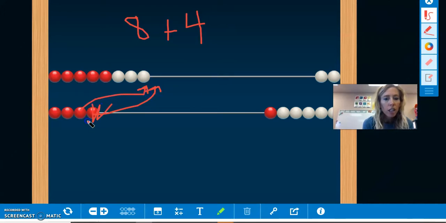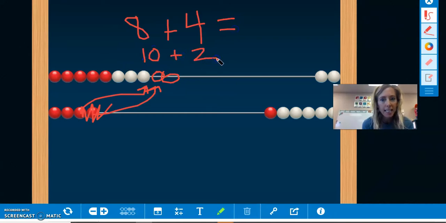So now these are gone and I put them up here, right? Well, now it's going to change into 10 and 2. Isn't that nice? And 10 and 2, I know that's 12. All right? So I can take the 8 and morph it into a 10 because I love 10s.